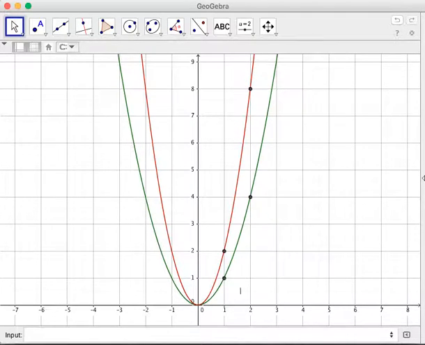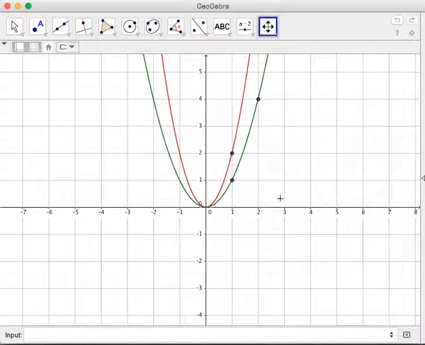So parehong x coordinate, magkaiba yung y coordinate niya. Nagta-times 2 siya. And I guess it's also obvious, kung halimbawang tayo ay nag-graph din ng 3x squared, for example, magta-times 3 din siya.